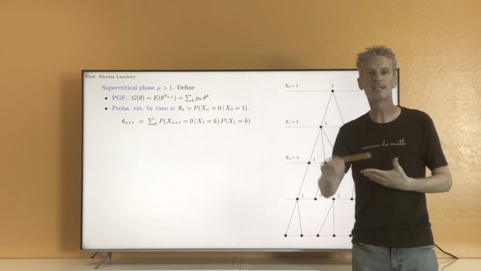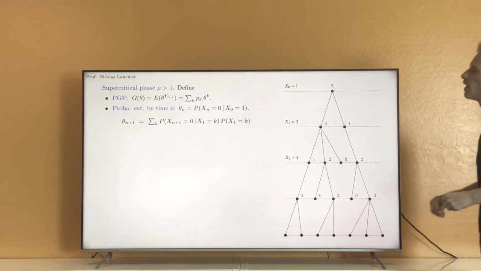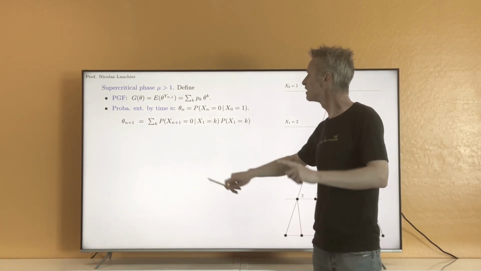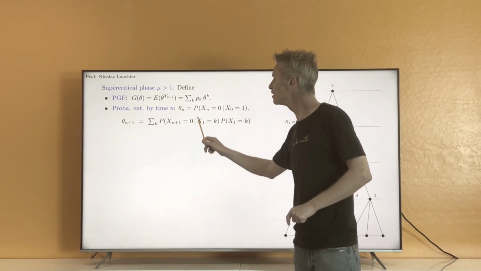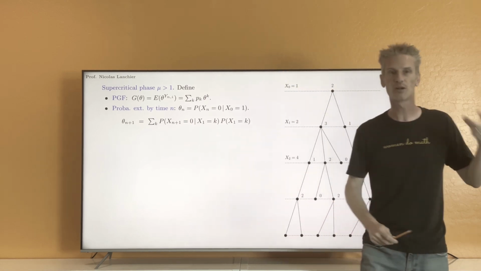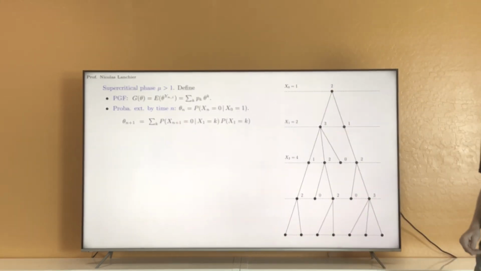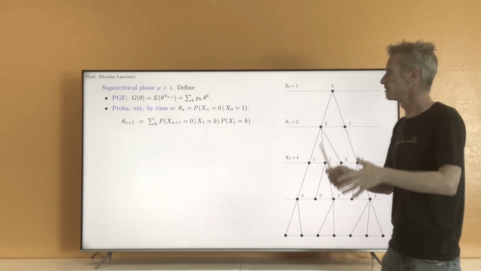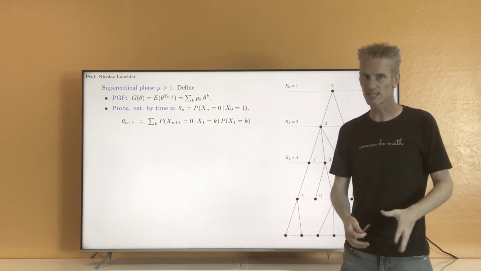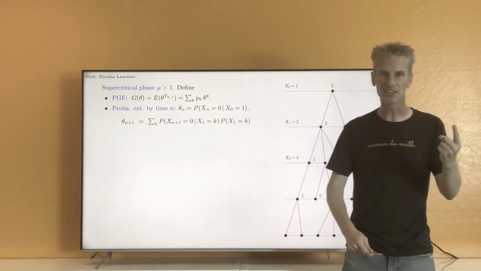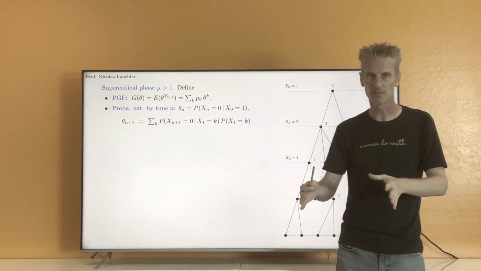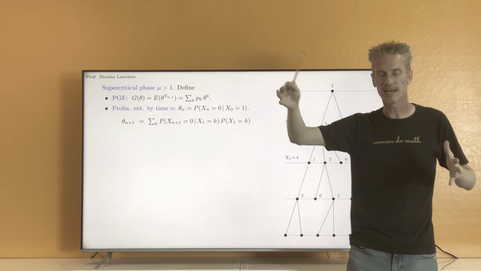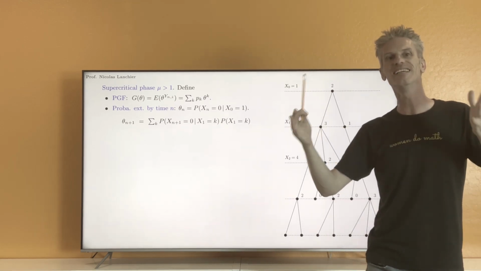All that is just to say that if you have k offspring at the first place, the probability of extinction by time n plus 1 is exactly the probability that one Galton-Watson branching process starting with one individual dies out in n units of time, to the power k. You can just take the power by independence.